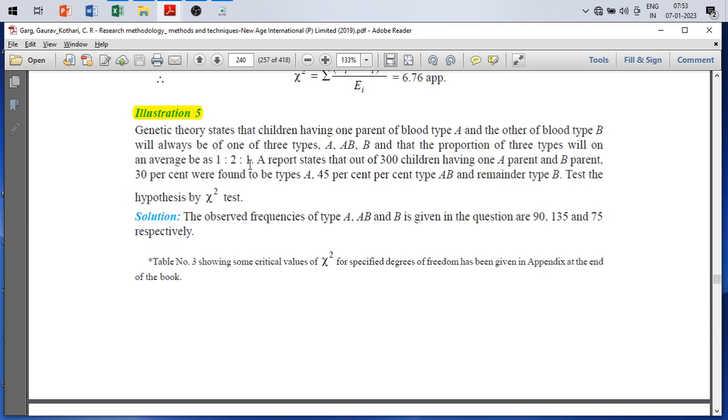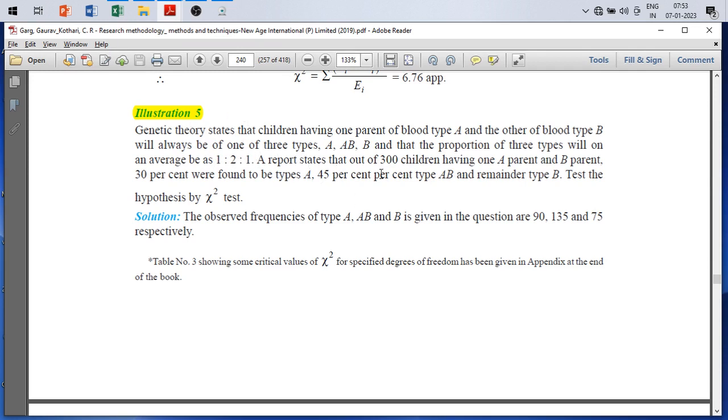So it is giving us a theory that if one parent has blood type A and the other has blood type B, then there are three possibilities for the child: blood type A, B, or AB, and the proportion is given as 1 is to 2 is to 1. That is the theory.